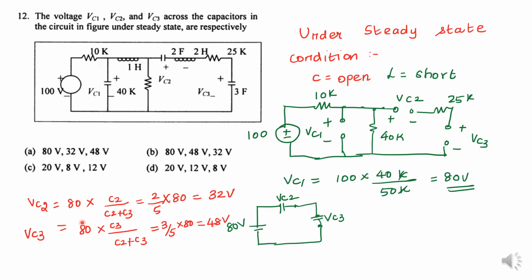And VC3 similarly is the total voltage 80 into C3 divided by C2 plus C3, 3 by 5 into 80, which equals 48 volt. So which one is the correct answer? 80, 32 and 48 is the correct answer. So option A is the correct answer.